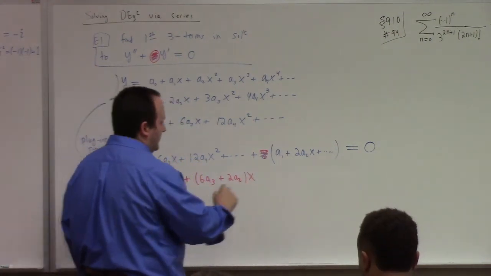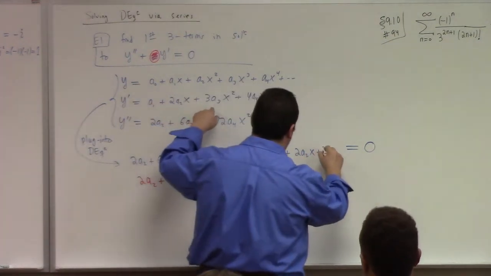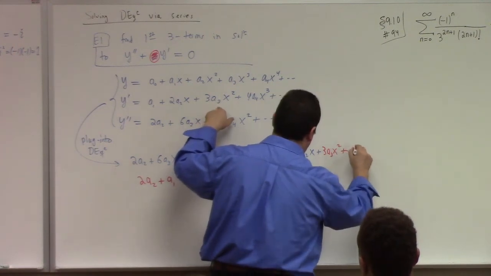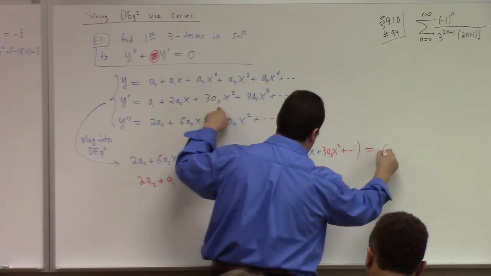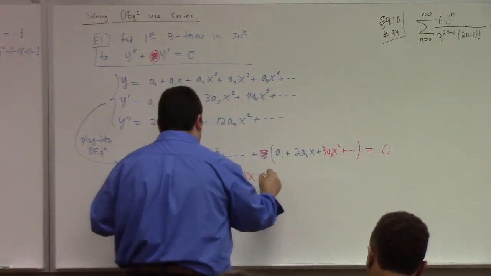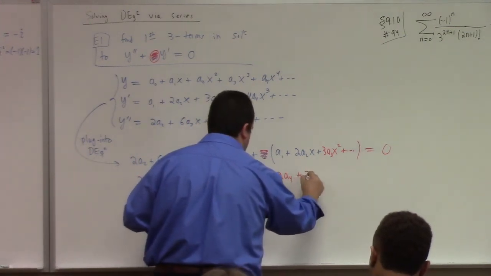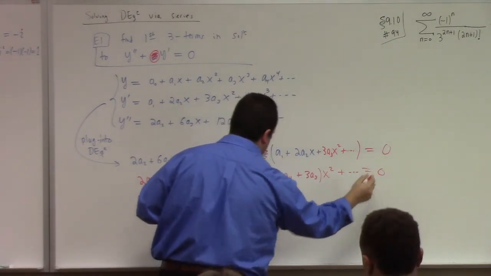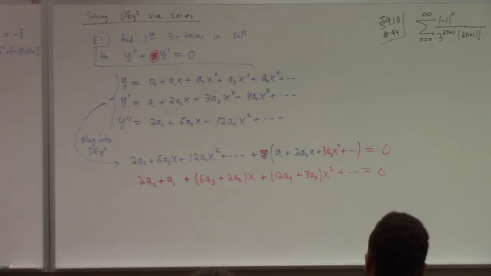All right. What was the next term I neglected over here in y prime? 3a3x squared, right? So 12a4 plus 3a3 x squared. So the point is, every one of these coefficients must separately be 0. So what's that give me?